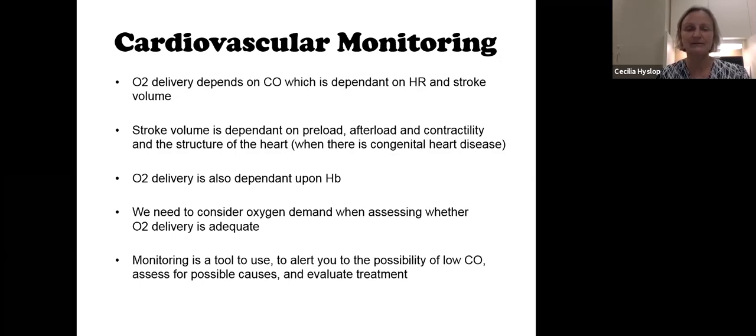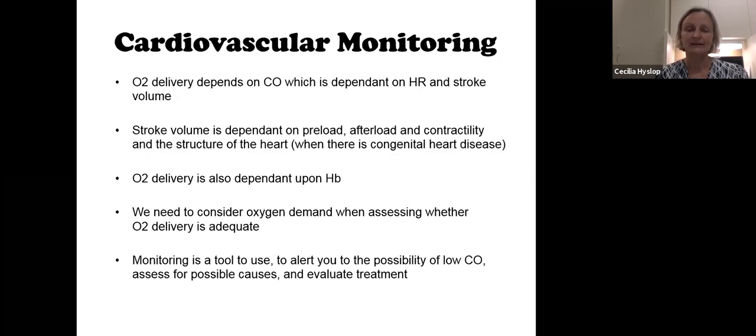And stroke volume is dependent on preload, so how full is the heart? Afterload, what are they trying to pump against? So are there outflow tract obstructions?